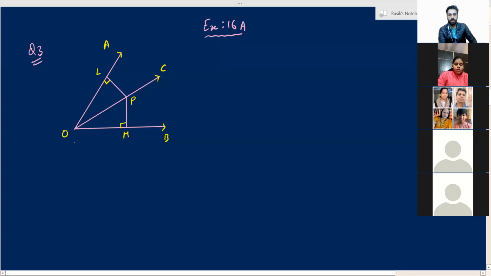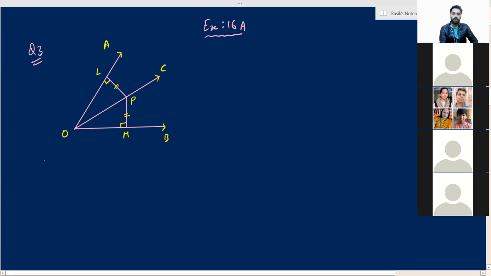Am I right or not? PO is there in triangle PLO as well as in triangle PMO. It is a common side. And the third thing is PL is equal to PM, given in the question. It is not always equal, we cannot say every time that PL is equal to PM, but in this question especially it is given that PL is equal to PM.